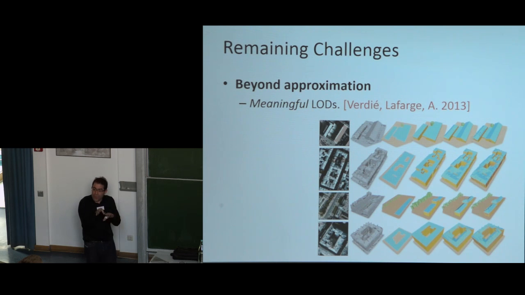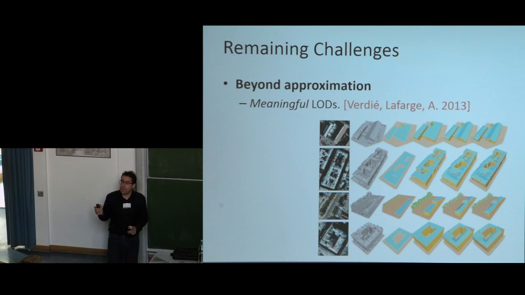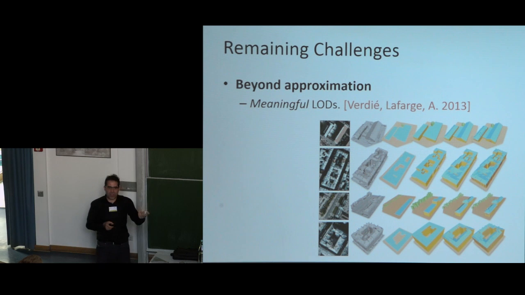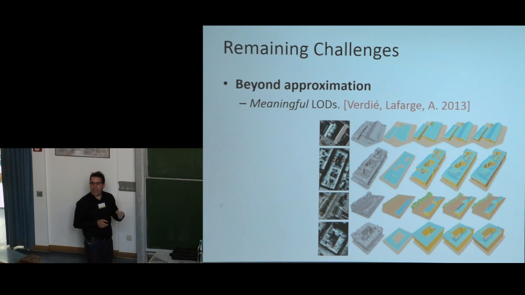You start having the roofs and some detailed icons instead of cylinders for the trees. And here you have the facades and the superstructures, namely the chimneys and so on. Our understanding of this problem is that it's hard to forget the semantics. So how do we devise error metrics that take into account the structure and the semantics?